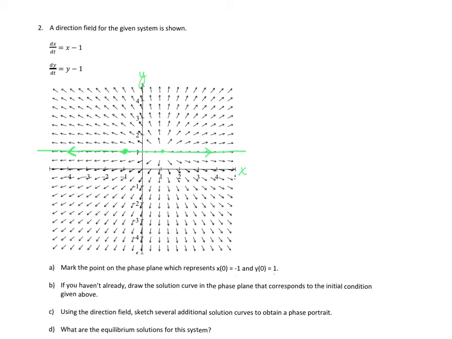Using the direction field, sketch several additional solution curves to obtain a phase portrait. Okay, so this point is really important. It looks like an equilibrium point, or a source where everything is coming out of it. So if I draw some additional solutions, they look something like this.